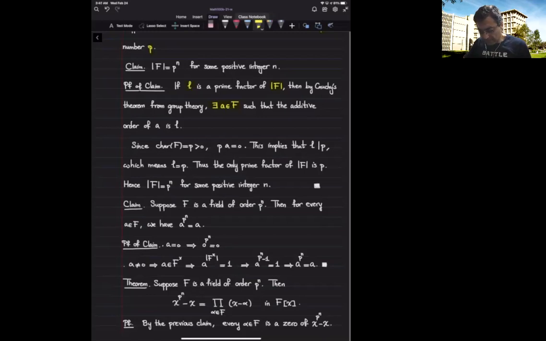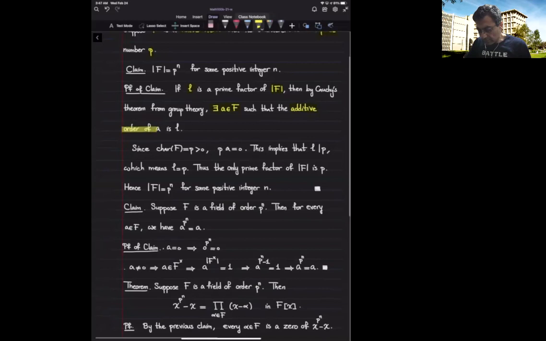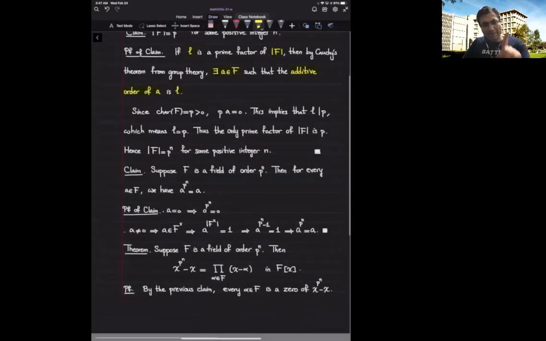So it has additive order equal to L. But what does characteristic mean? Let's try to recall that. Characteristic means that it is the smallest number such that whenever I multiply it by any element of the ring, I end up getting 0.